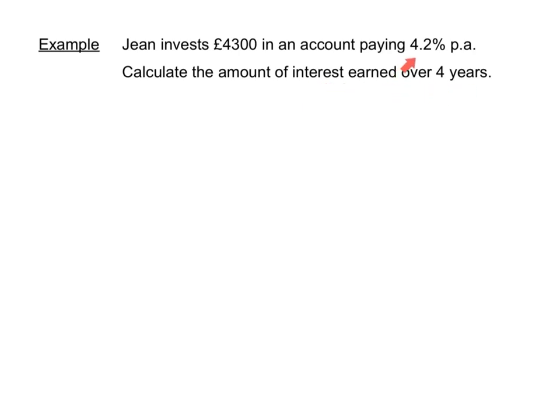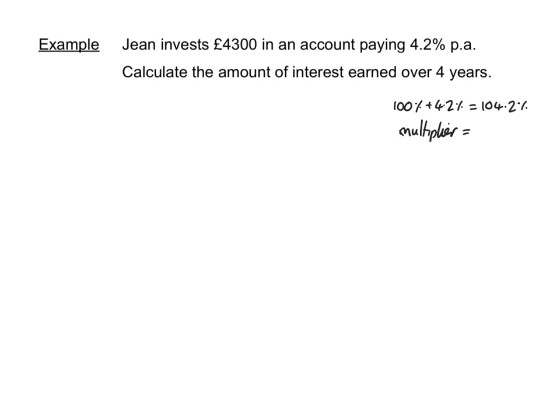We're going to first of all say, well, we're going to increase something by 4.2%. So if we're starting off with 100% and we're adding on 4.2%, then we've now got 104.2%. Now to find 104.2%, I'm going to use the multiplier.